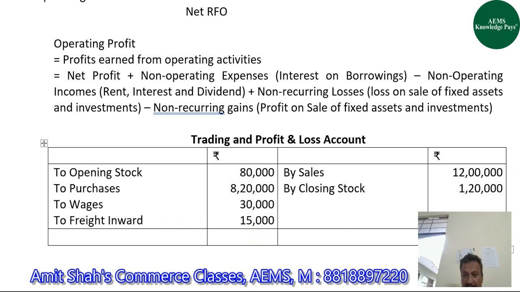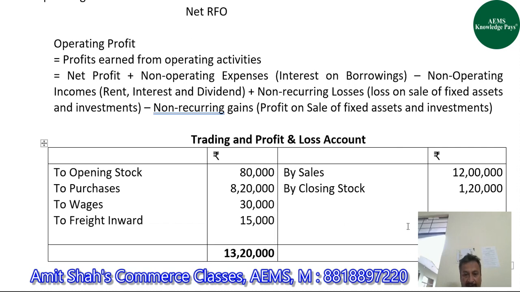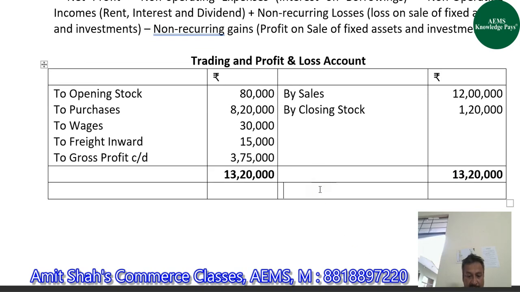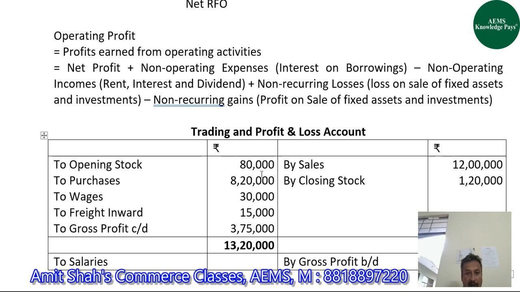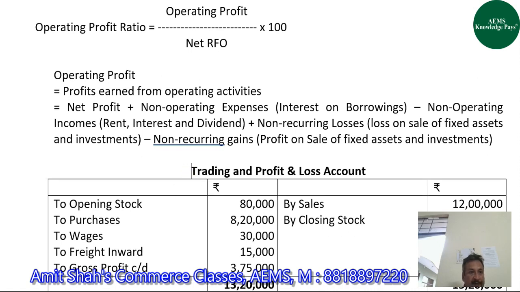Total here is 13 lakh 20,000. Same total I have written on the debit side, but the total of debit side is 9 lakh 45,000. So 1320 minus 945, that is 3 lakh 75,000, which is our gross profit. This is taken to P&L account. Do not make this, guys. I'm making it only to make you understand how to calculate operating profit and what operating profits are.